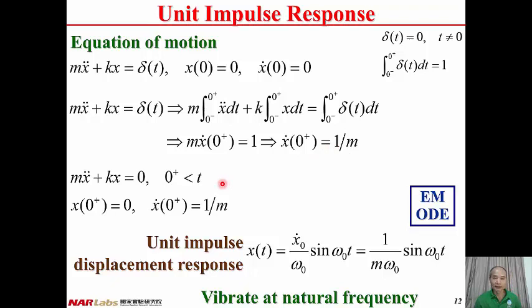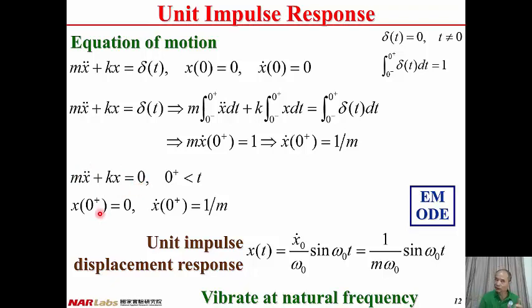If we consider the time larger than 0, when t is non-zero, the delta function equals 0. Therefore, the forcing function here equals 0. We have m x double dot plus kx equals 0. Therefore, it becomes a free vibration problem.